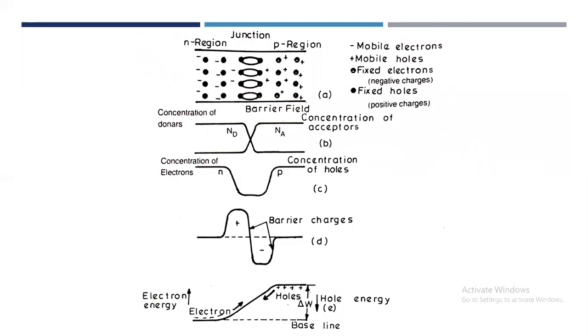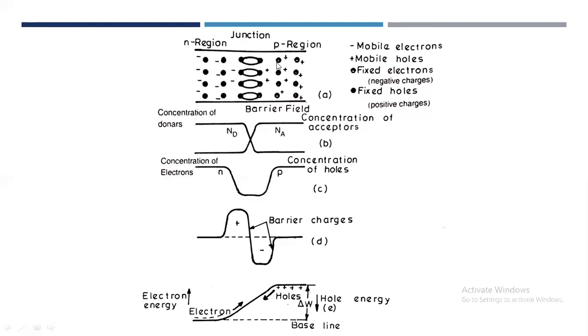This figure shows a schematic sketch of the PN material itself, in which the circled charges represent the immobile ionized acceptor and donor ions. In this figure A, some circles are shown, which are fixed electrons or fixed holes.